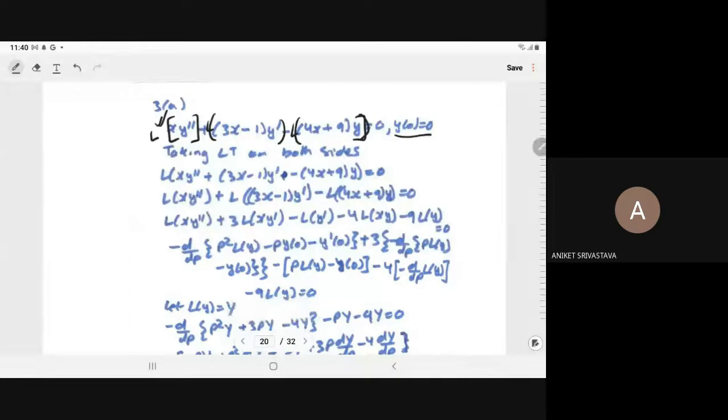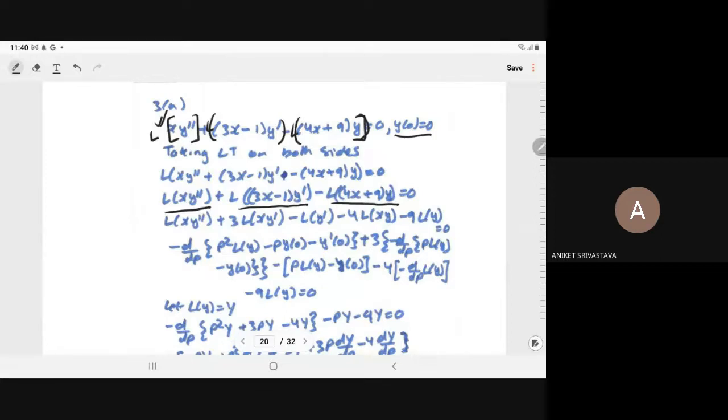So it can be written as Laplace transform of x into y double dash, plus Laplace transform of (3x minus 1) y dash, minus Laplace transform of (4x plus 1) into y, is equal to 0.